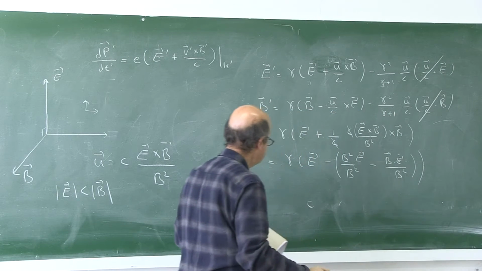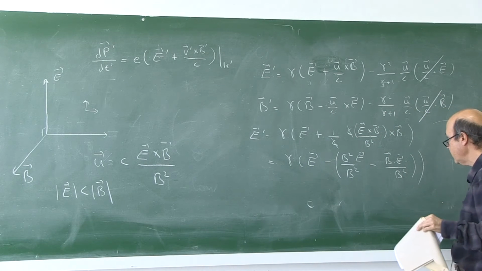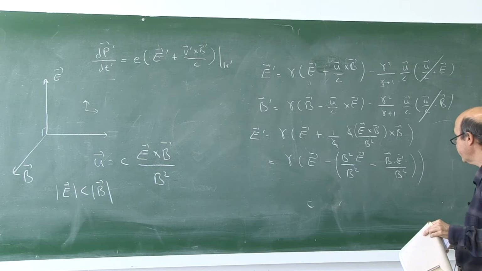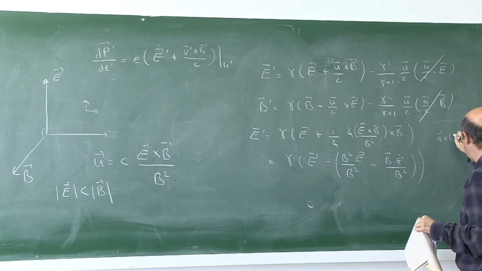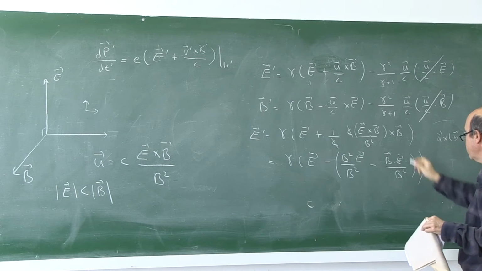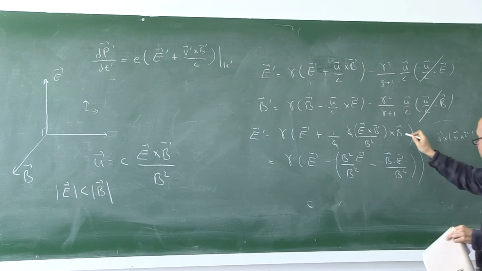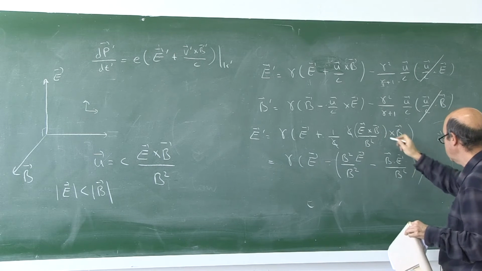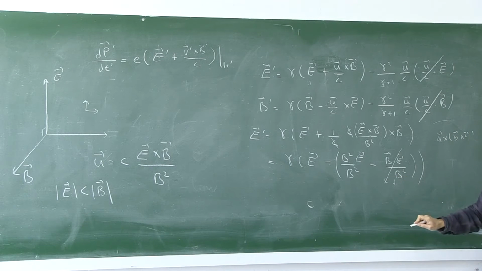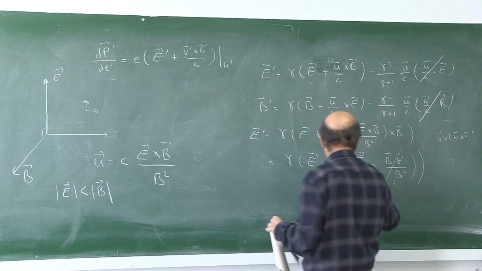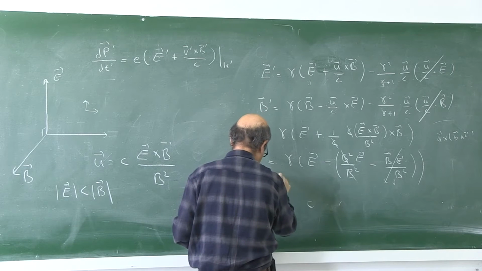So let us look at whether I did it correctly or not. Take this to the other side as a minus, and use A cross B cross C. Then A dot C will be B squared along E, and the other term E dot B. E dot B is 0, and the B squared magnitudes cancel out, and you obtain that E prime is 0.